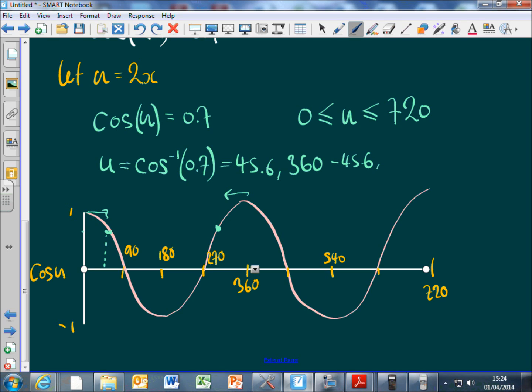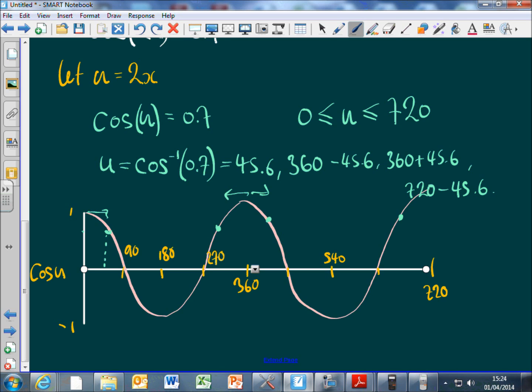Right. Where else is there going to be an answer? There's going to be one here, isn't there? There's going to be a value there. So what's that? I want that distance there, don't I? So it's 360 plus 45.6. And there's one more place, which is over here. So it's going to be 720 take away 45.6.